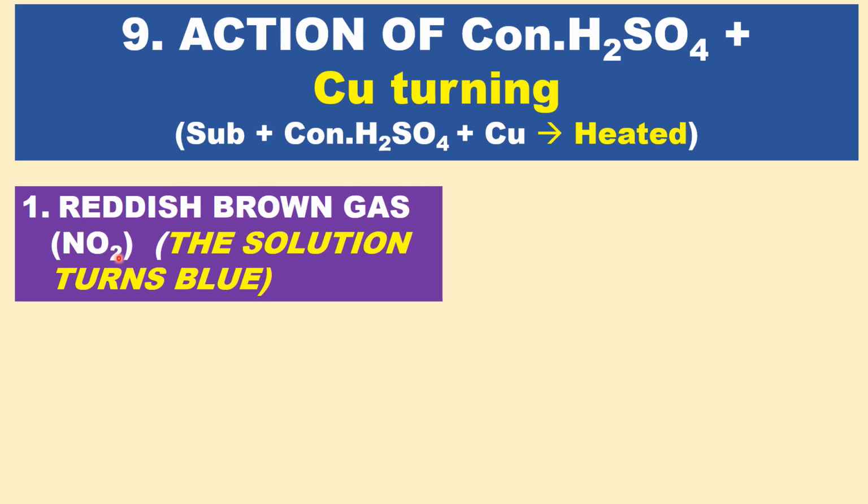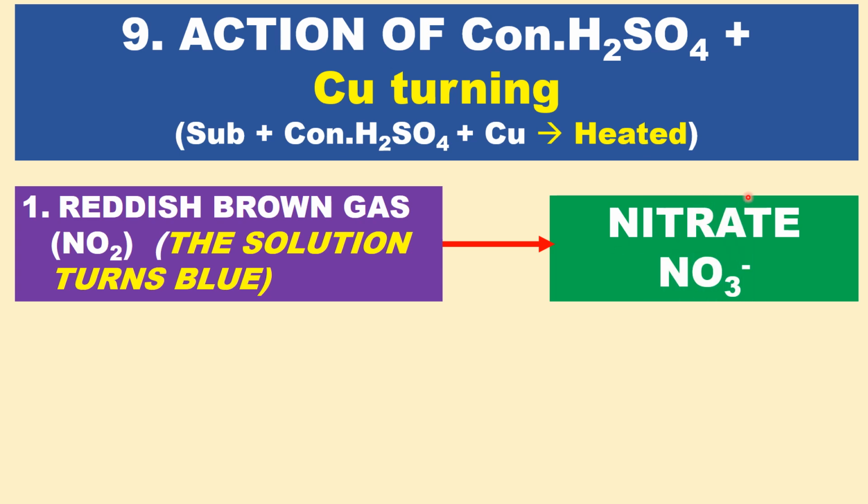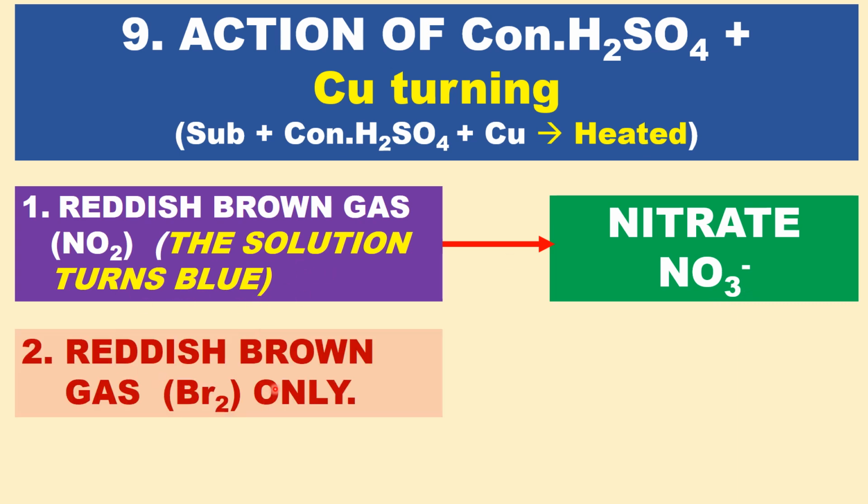If a nitrate salt is given to you, then on adding concentrated sulfuric acid plus copper turnings, a reddish brown gas is evolved and copper nitrate is formed, which is blue in color. If only a reddish brown gas is given, with no change in color of the solution, then it is due to bromide.